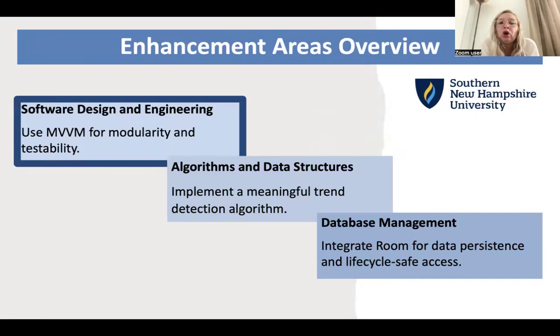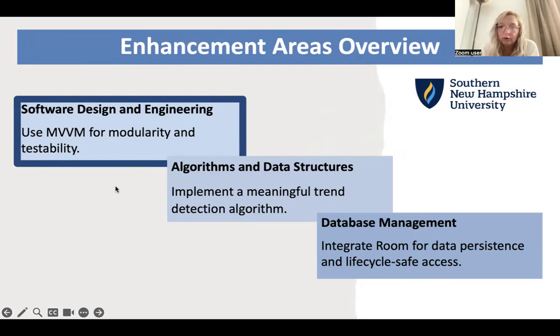Okay, so now going through the enhancement areas overview. I'm going to go through these 3 categories, a little more deeply. We will start here with software design and engineering, where I will show the enhancement to use MVVM for modularity and testability.